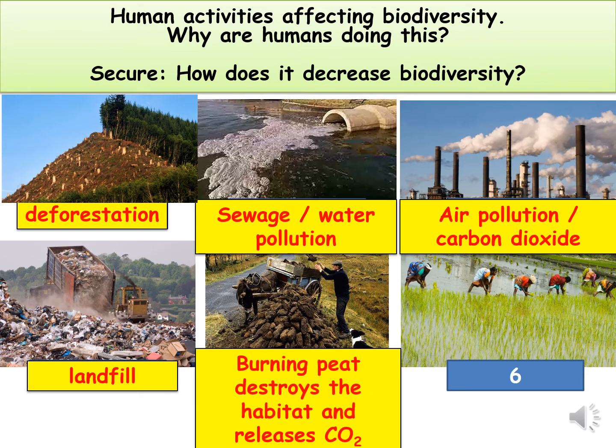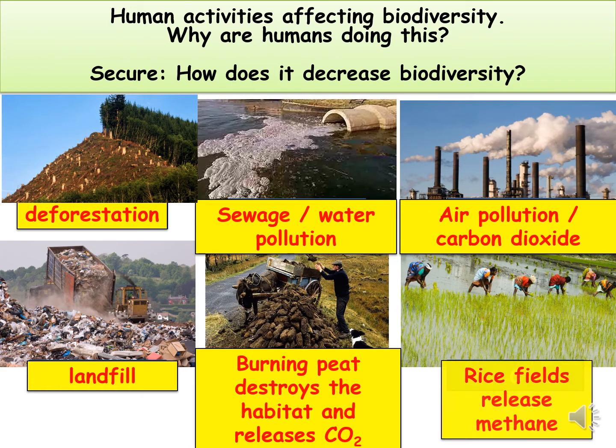CO2 affecting global warming. And number six, rice fields which release methane. Again, it's taking up the space which was habitat, therefore decreasing biodiversity. Methane, a contributing greenhouse gas which affects global warming.